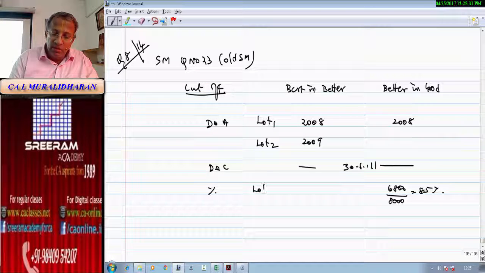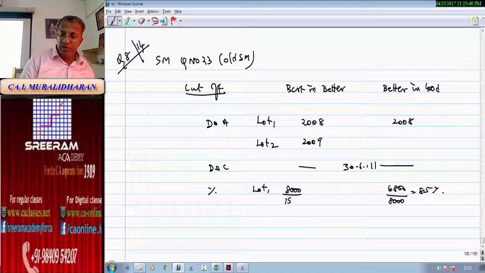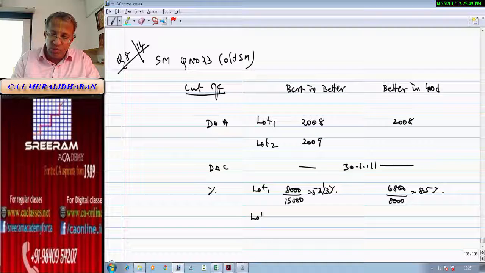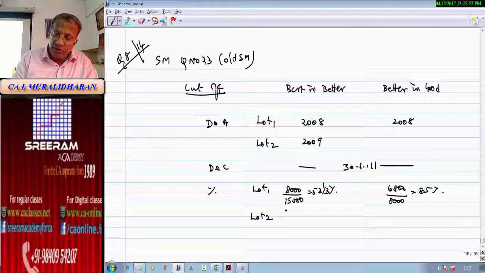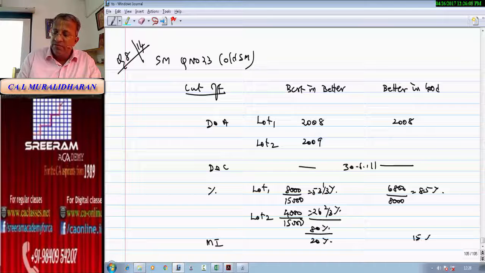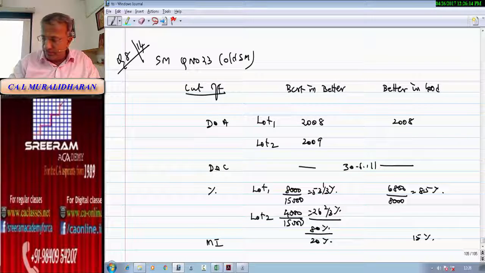Here lot 1 purchases 8,000 upon 15,000, 53 and 1/3%, more than 50%. In the first lot itself they have acquired the controlling interest. Lot number 2: 4,000 shares upon 15,000 works out to 26 and 2/3%. Both put together come to 80%. So minority interest is 20% and 15%. This is what you understand as far as their basic holding is concerned.